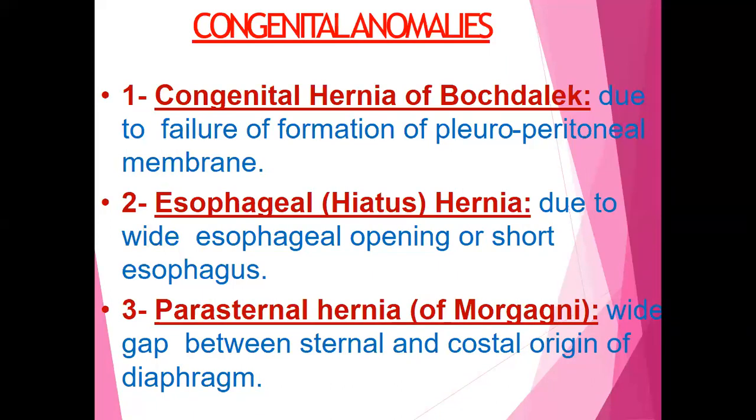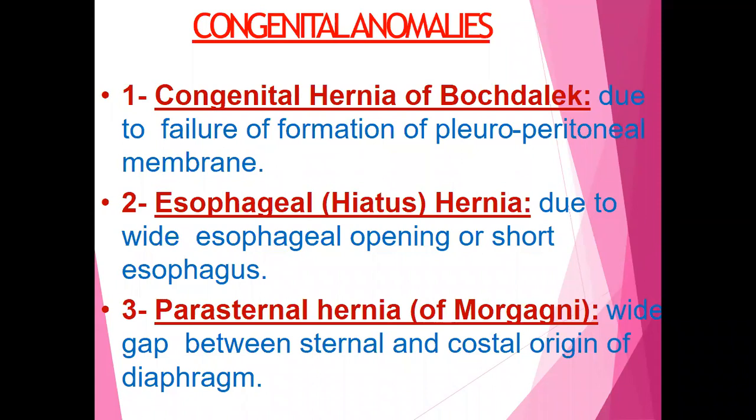Or the esophagus is normally short in length, but the same opening remains open, and thus the abdominal content of the stomach may enter the lower end of the esophagus, producing dysphagia or difficulty.